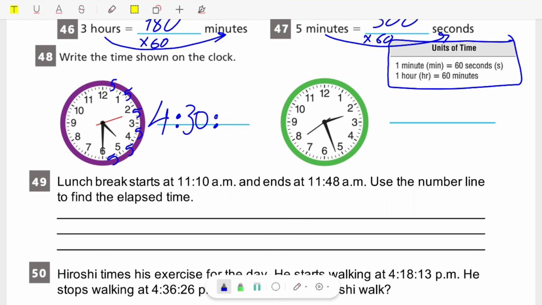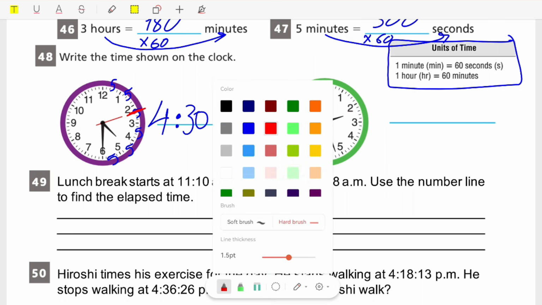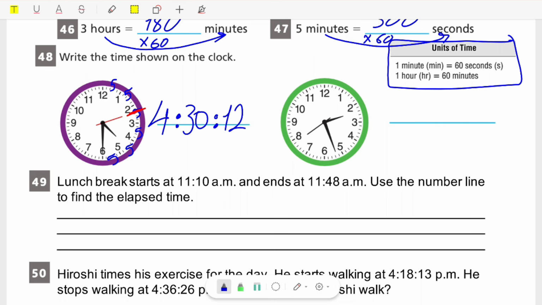The second hand is after 2 with 2 dashes. The same thing with seconds: we have 5 seconds between each two numbers. Traveling from 12 to 2, it will be 10 seconds, and after number 2 with 2 dashes, it will be 12 seconds. So the answer here is 4:30 and 12 seconds.